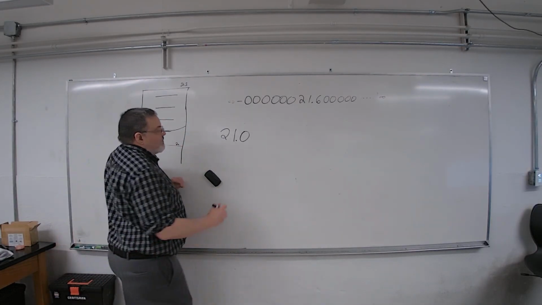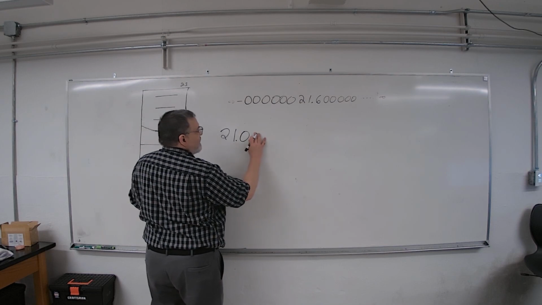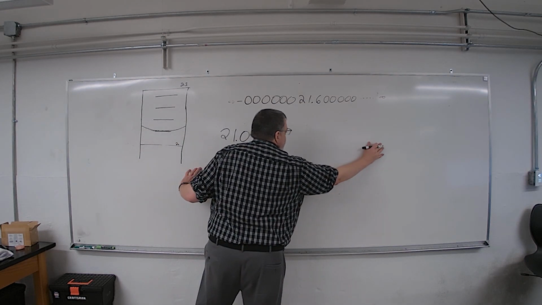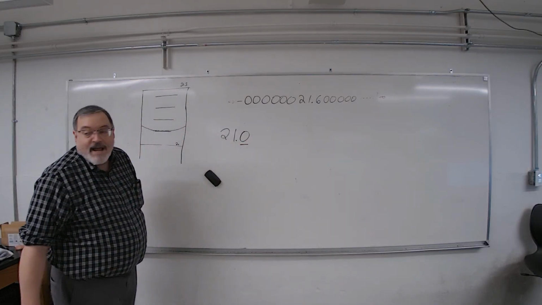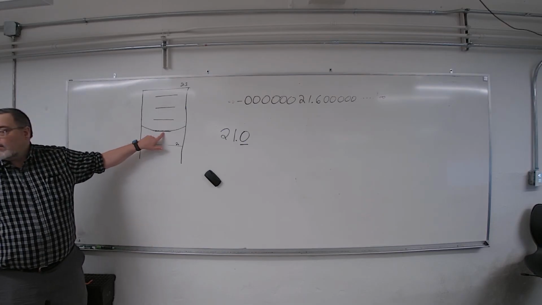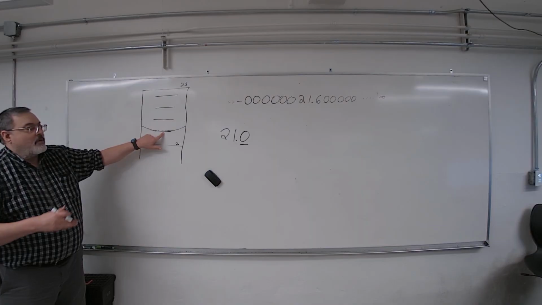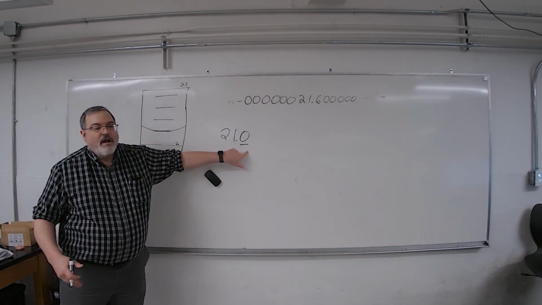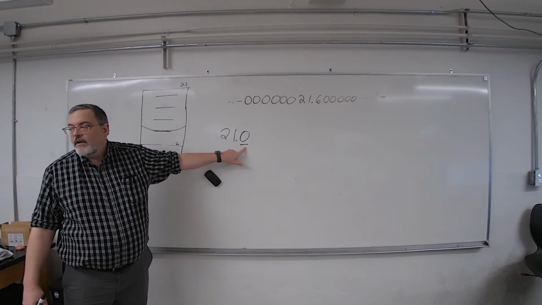But in our case, with this one that was 20.1, technically there's infinite numbers of zeros out there. But the reason I actually wrote this one is because I did actually measure it. You see what I'm saying? It really was right on the line. That's why that 0 is there. That's why, as the writer of this number, I actually wrote that 0 there. I mean for the person that reads this to realize that definitely means something.